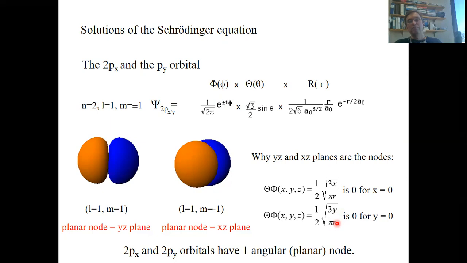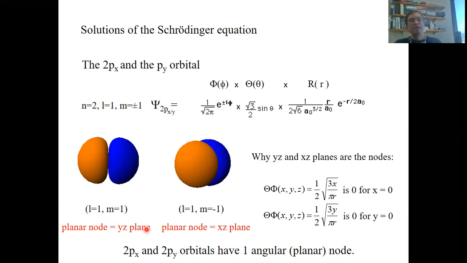So now, let us look at this term first. This term becomes 0 when x is equal to 0, and x is equal to 0 in the yz plane. Therefore, for the px orbital, the yz plane defines a planar node.